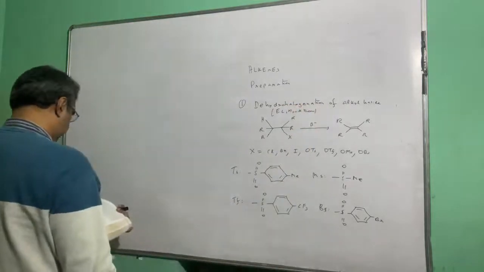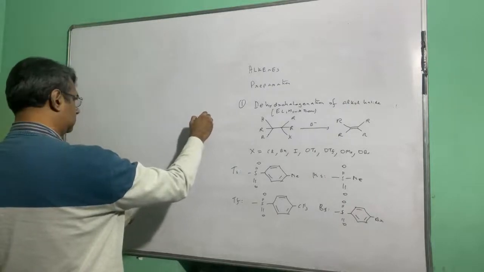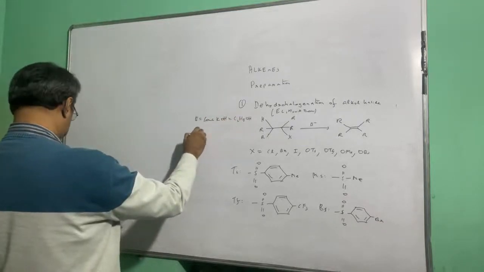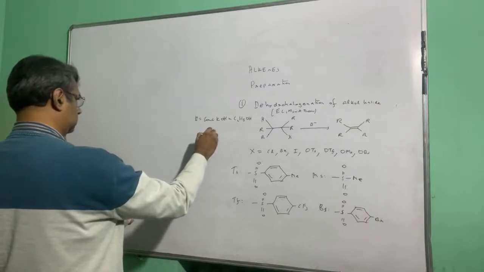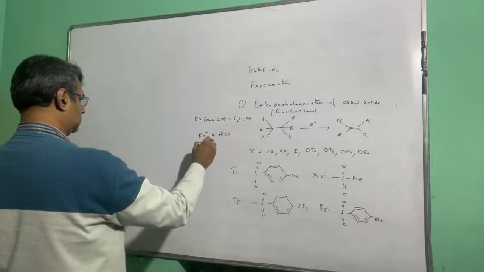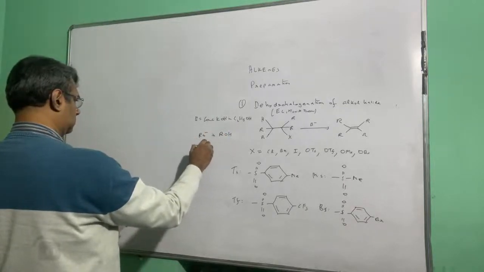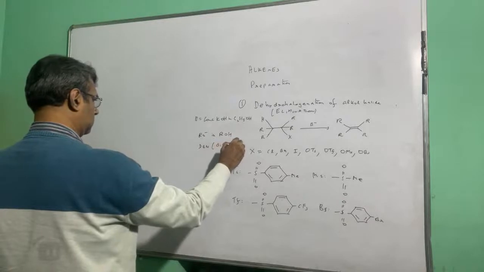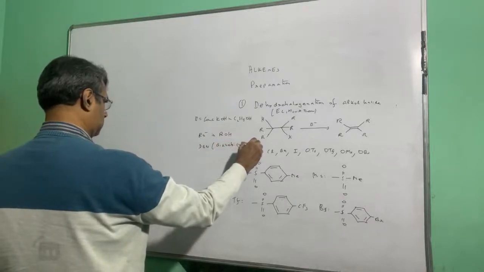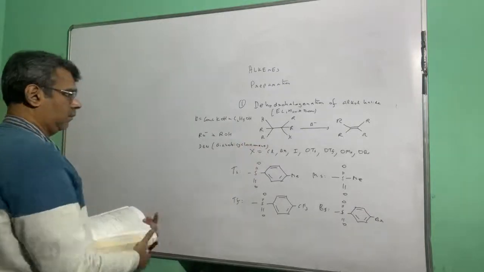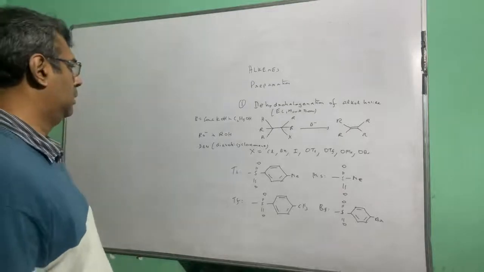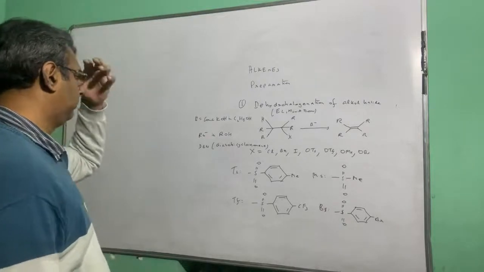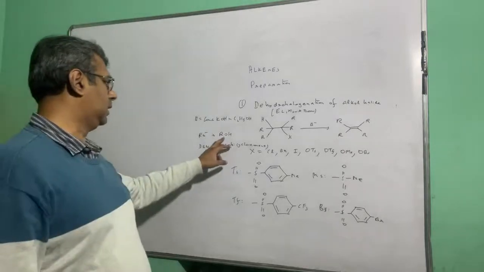Now regarding this base, this base is concentrated KOH in C2H5OH, and there is another combination, alkoxide in alcohol.